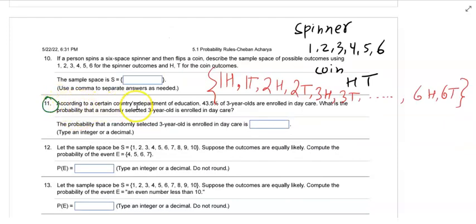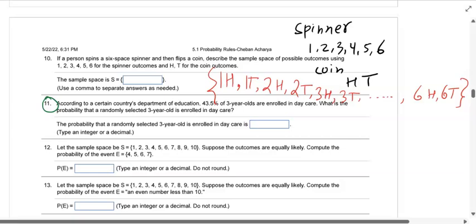Question number 11. According to a certain country's Department of Education, 43.5% of 3-year-olds are enrolled in a daycare. In other words, 43.5% are enrolled in daycare. As a decimal, this is going to be 0.435.